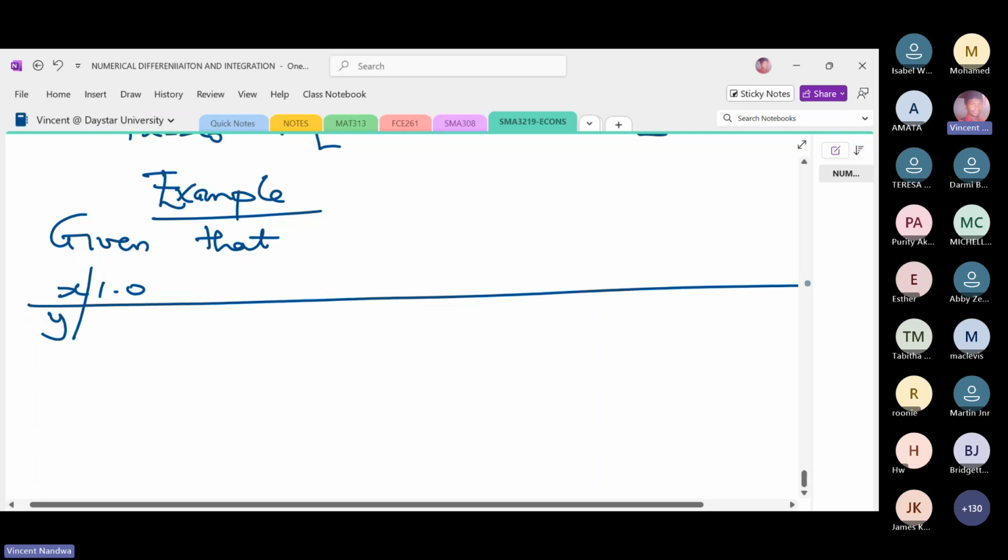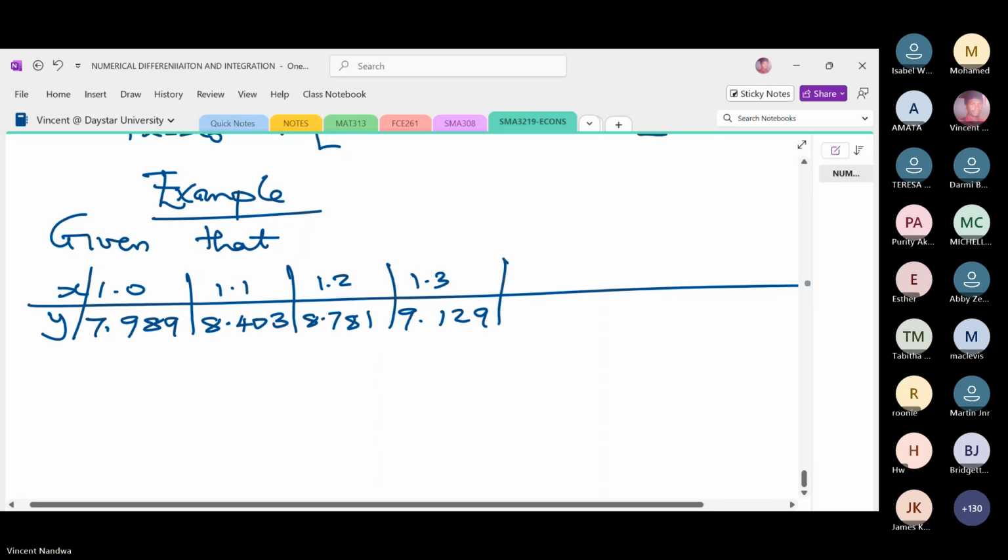So 1.0, 7.989, 1.1, 8.403. Then we have 1.2, 8.781, and then 1.3, 9.129, 1.4, 9.451, 1.5, 9.750, then 1.6, 10.031.